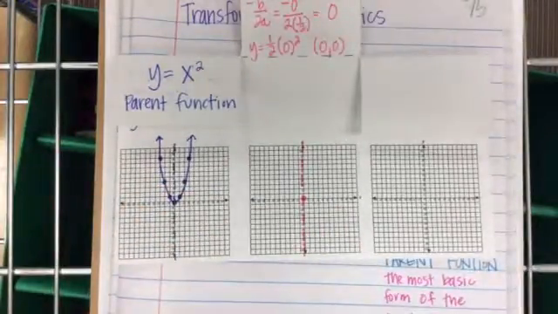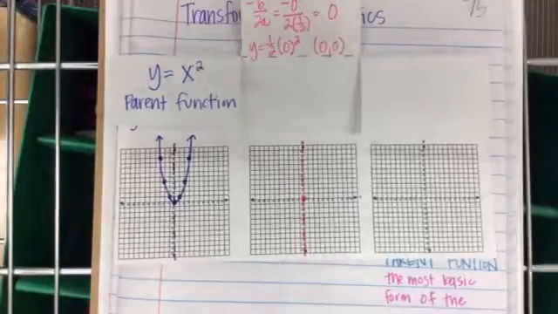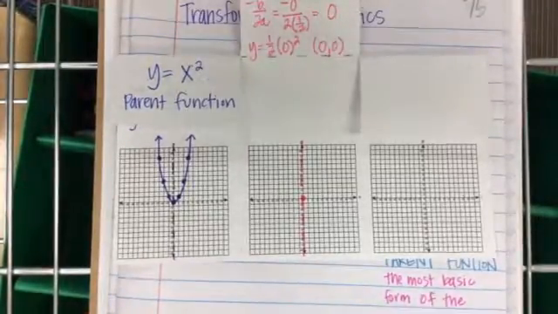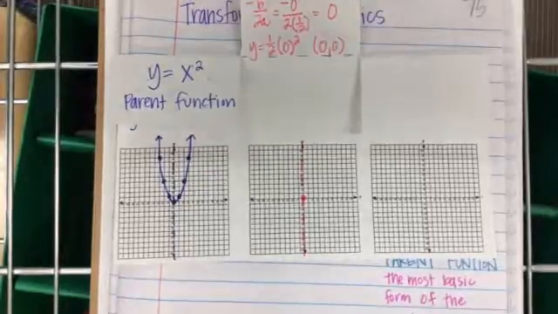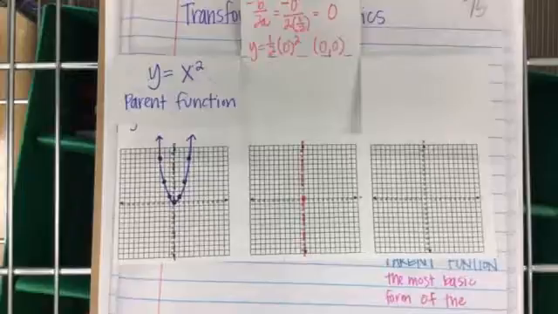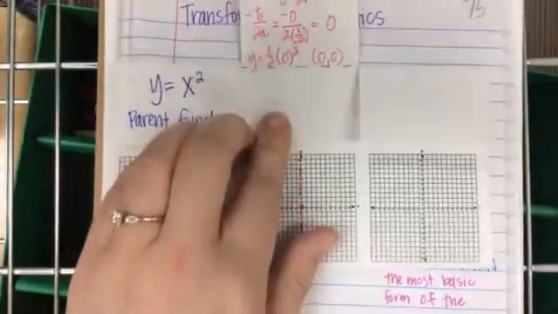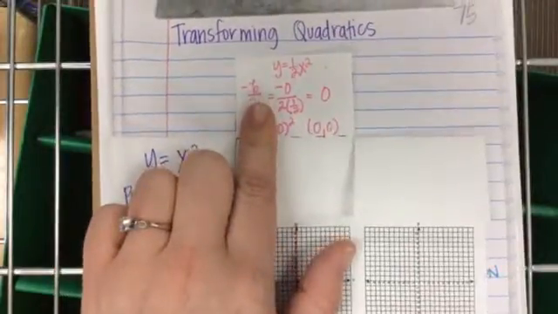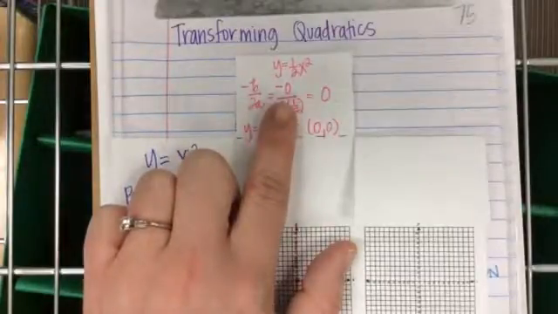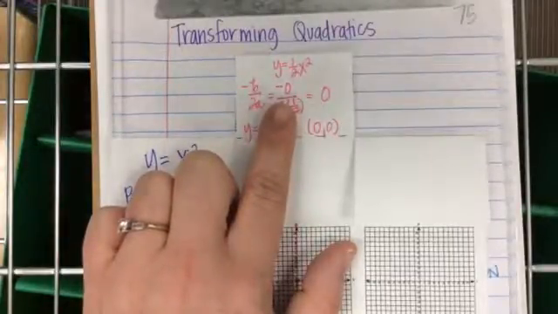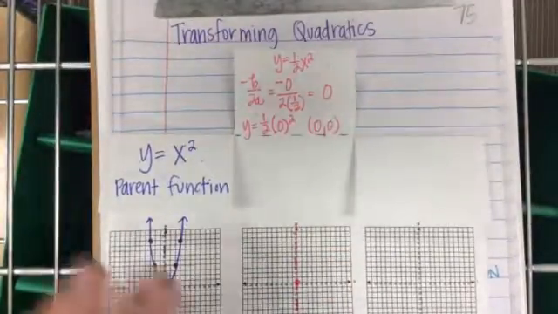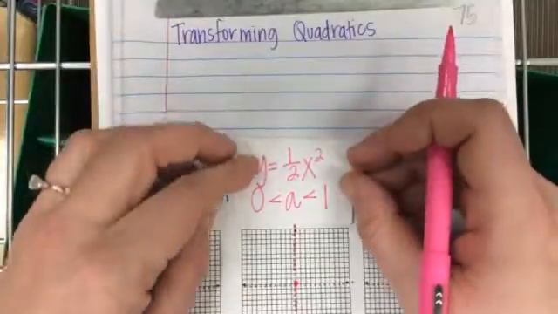We'll have to keep testing it. If the b value is 0, the axis of symmetry is 0, right? The b value is determining where your axis of symmetry is. If your b value is 0, it's always going to be split in half at the axis of symmetry, at the y-axis.